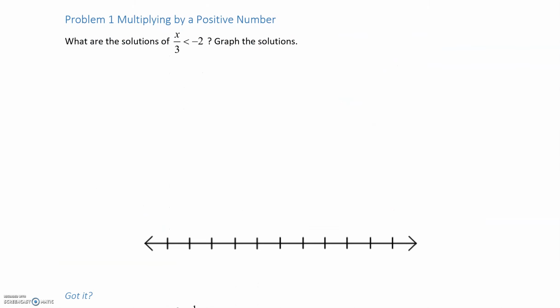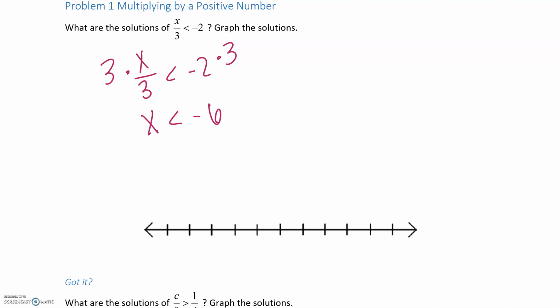So for this first one, we just need to multiply both sides. If we have x divided by 3 is less than negative 2, all we're going to do is multiply both sides by this 3 to get x by itself, which leaves us with x is less than negative 6. Okay, and down here, we're going to use this number line, and we're going to have negative 6 right in the middle.